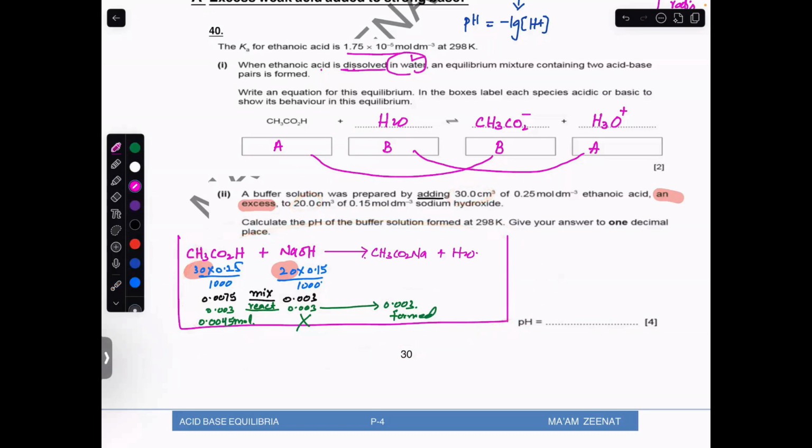So if I go into the detail, 0.0045 moles are present in 50. So how much would be in 1000 to get the concentration? So 1000 into 0.0045 divided by 50.